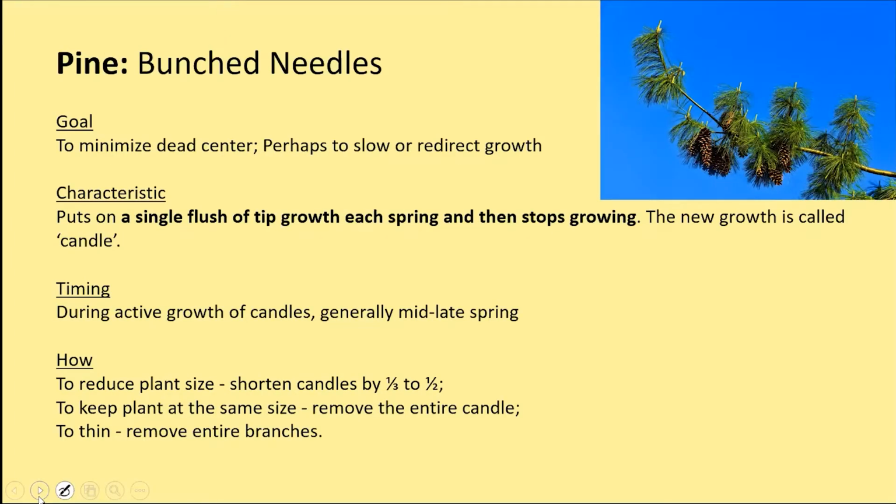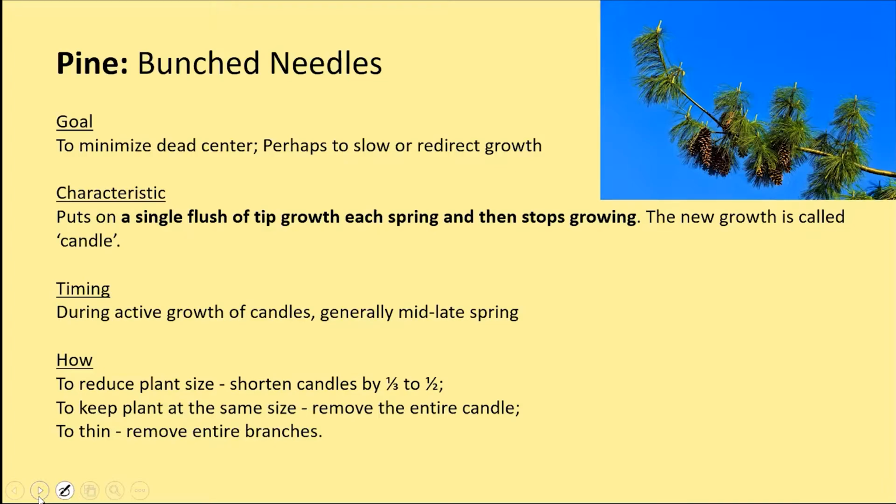Pines grow only a single flush of new growth called candles, looking kind of like candles in this picture. And they usually come out in spring, usually mid to late spring. So after that flush of growth of candles, they stop growing.